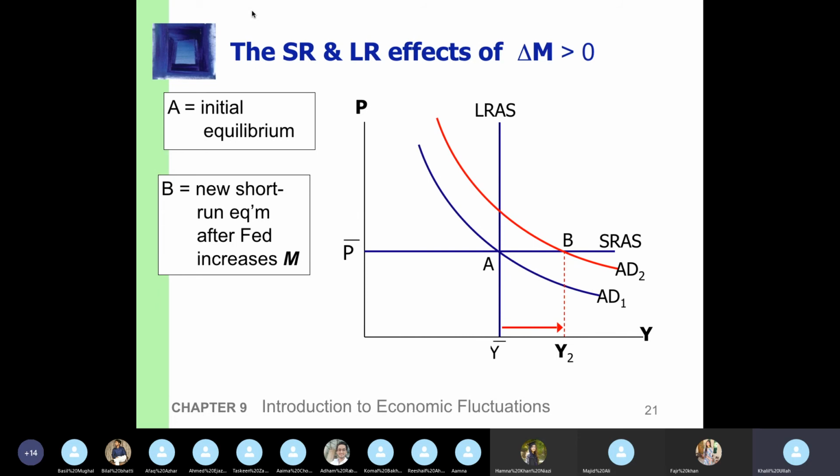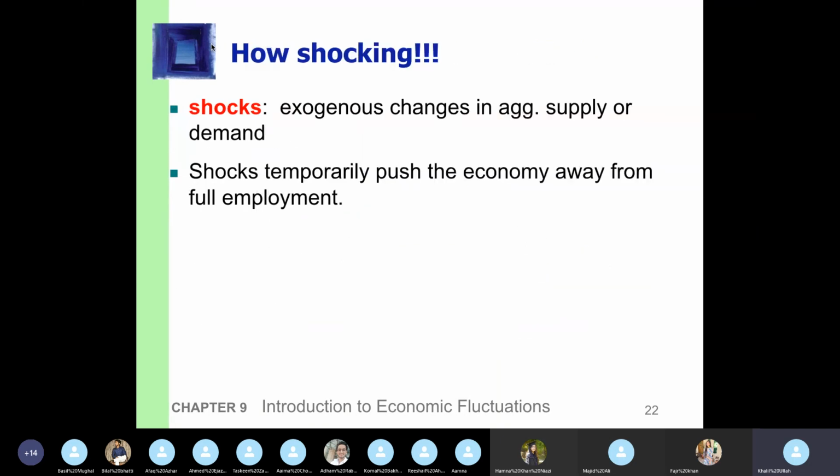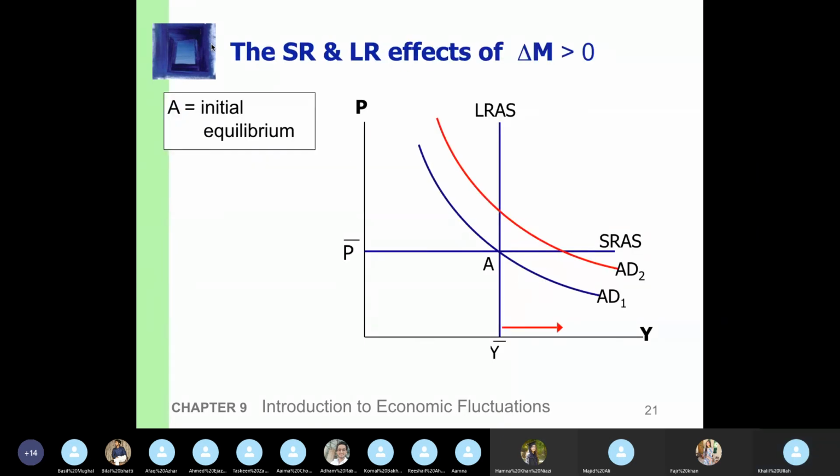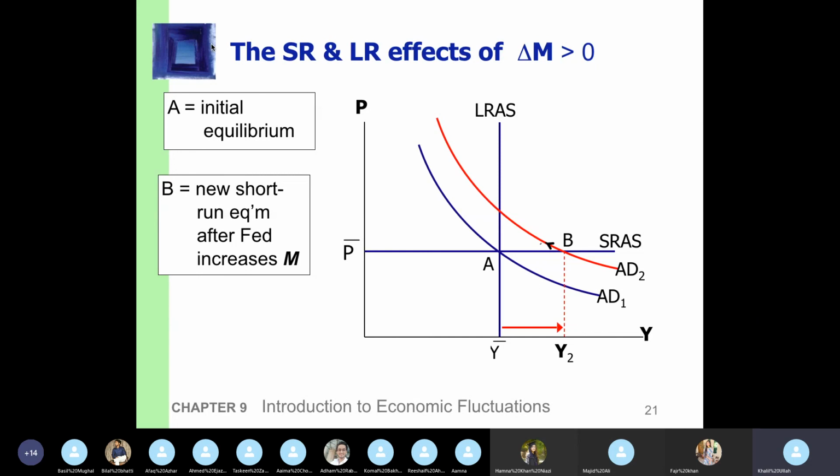Aggregate demand increases in the short run, price levels remain the same. In the long run, what starts to happen is price levels increase. So this is where money supply is controlled by the central bank.